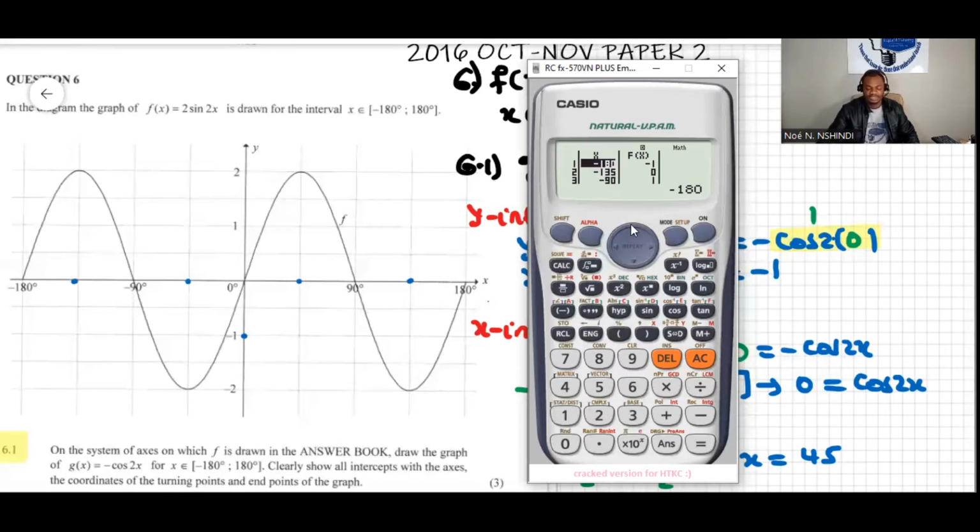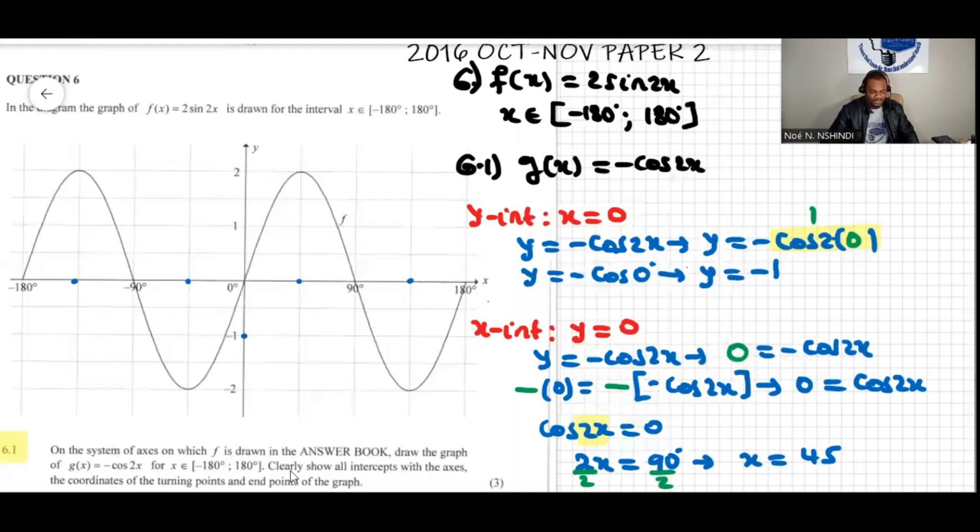So this tells us that when x is negative 180 degrees, f of x, which in this case is g of x, will be negative 1. So there I'll say it's going to be negative 1.